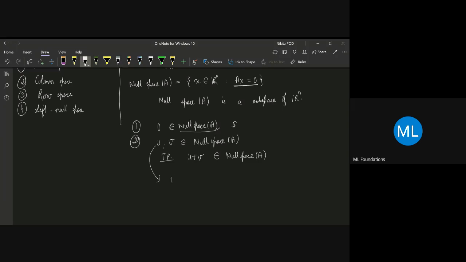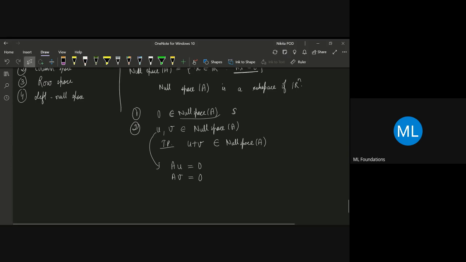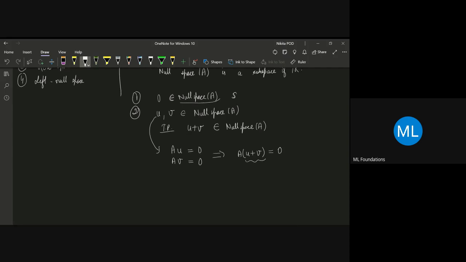That Au should be 0, and v also belongs to the null space of A, so Av should be 0. From these two, I can write A times (u plus v) to be 0. So from here, you can see that u plus v belongs to the null space of A.